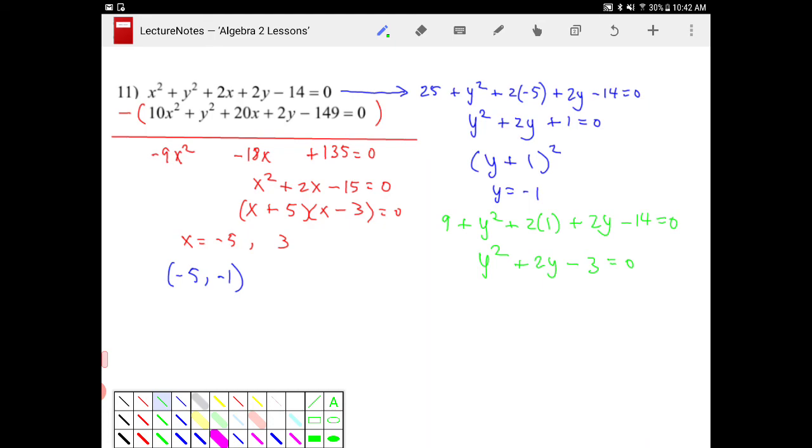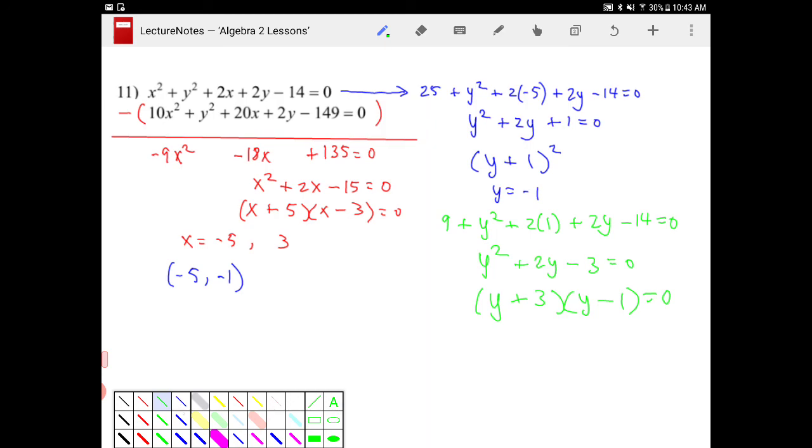Okay? So are there two numbers that multiply to negative 3 but add to positive 2? Yes, indeed. So that's y plus 3, y minus 1 is equal to 0. So what are the solutions then?